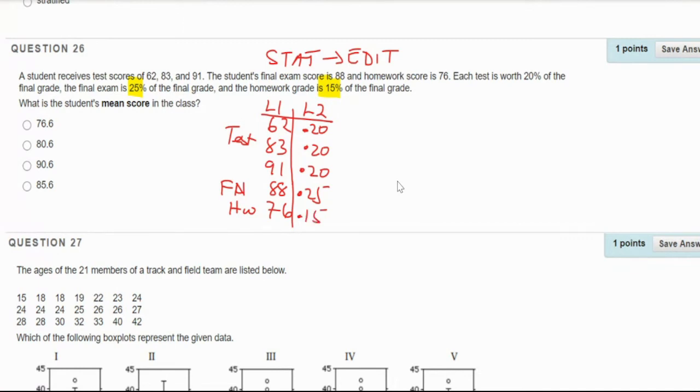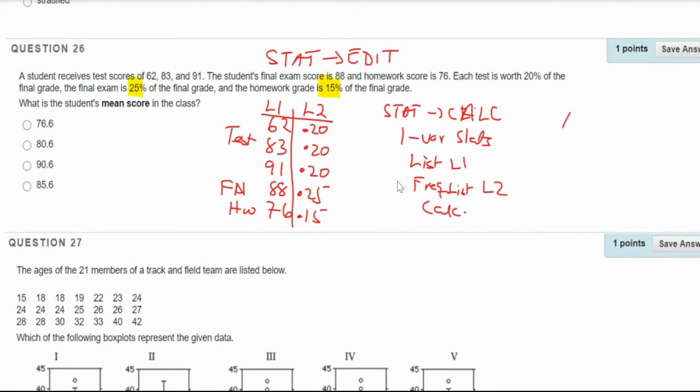Then you go to start, then calc, then select one var stats, and put your L1, so the list will be L1, the freq list will be L2, then calculate, and you are just selecting X bar, which is the mean.